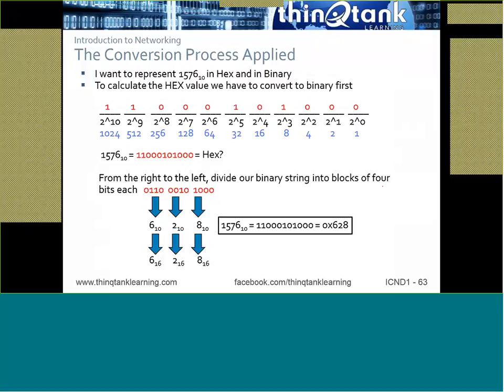The subscript 10 there represents the base. In other words, that's the decimal number. I want to give the equivalent value in hex and the equivalent value in binary. In order to calculate the hex value, we need to convert to binary first.